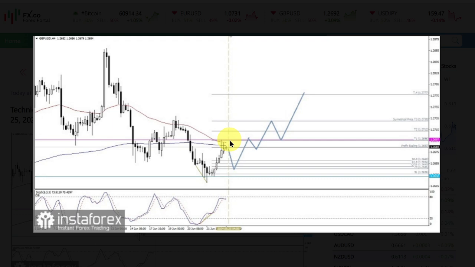But in the course of strengthening, GBPUSD could of course be corrected again, weakening down to level 1.2650.